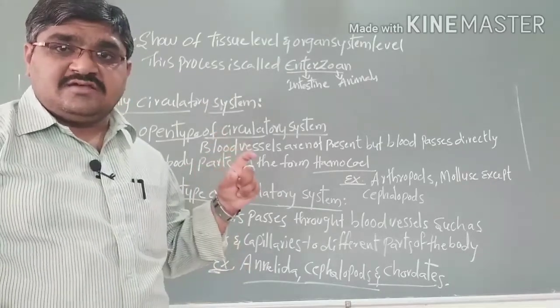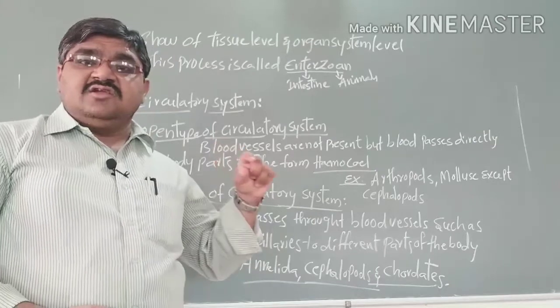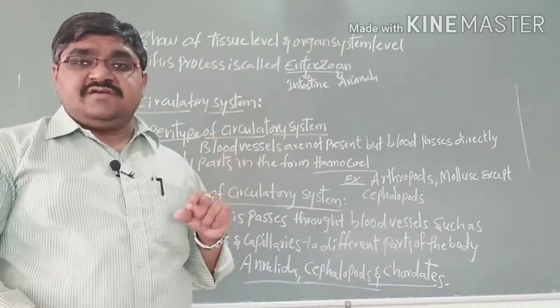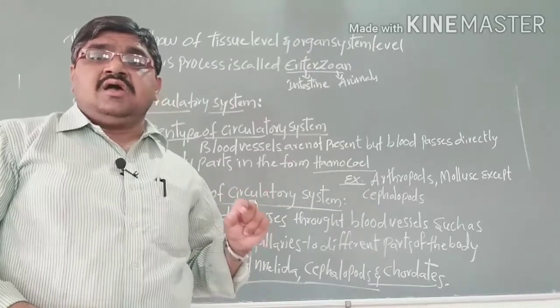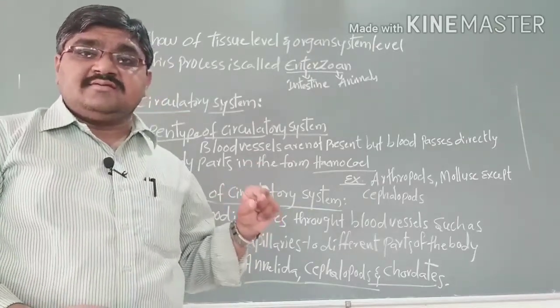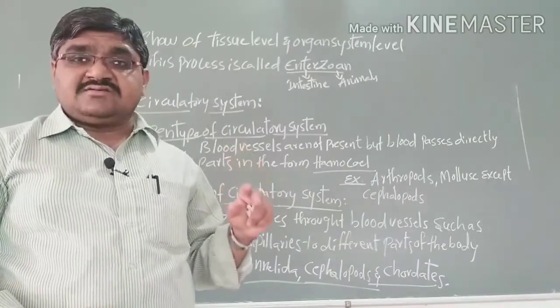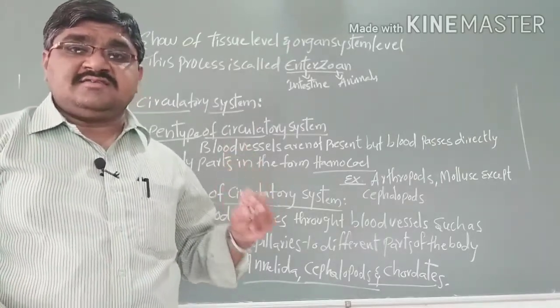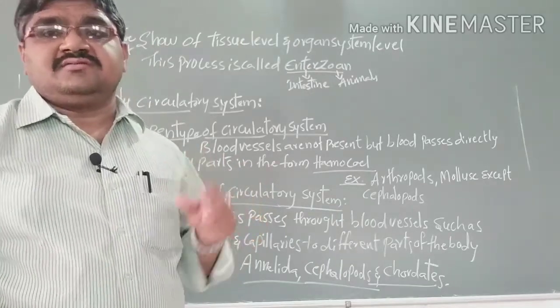One is the protoplasmic grade of organization, the second is the cellular level of organization, the third is the tissue level of organization, the fourth is the organ level of organization, and the last one is the organ system level of organization.